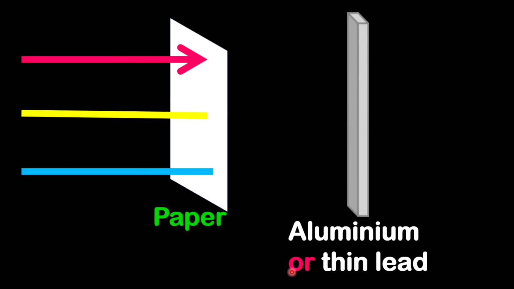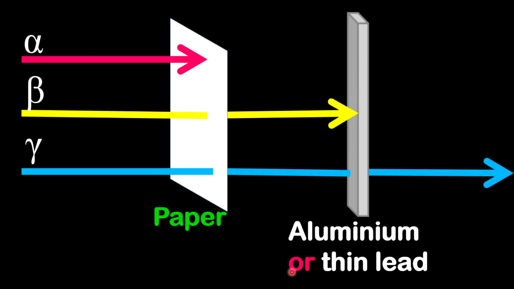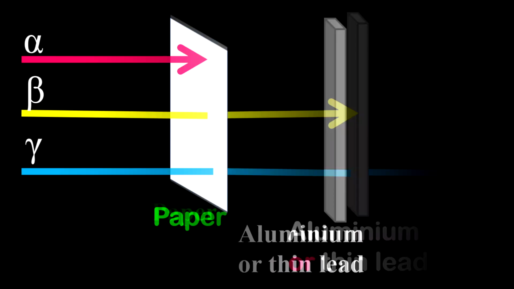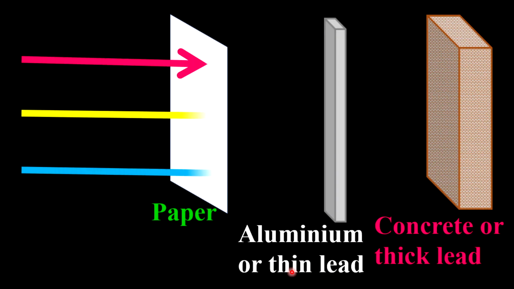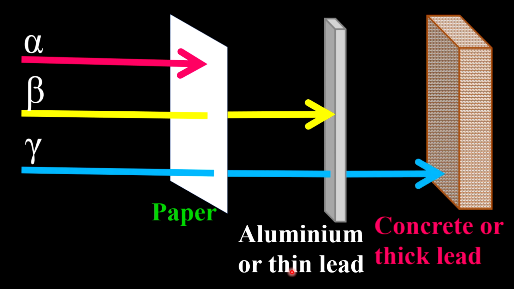However, if you apply aluminum or a thin piece of lead, the beta particle can be stopped. The gamma will go straight through aluminum and thin lead. So how do we stop the gamma particle? If we use concrete or thick lead, then we could stop it.